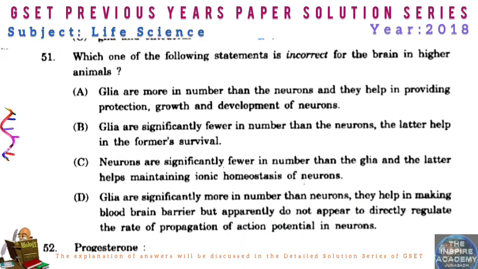Question number 51. Which one of the following statements is incorrect for the brain in higher animals? The correct option is B. Glia are significantly fewer in number than the neurons. The latter help in the former's survival. That means neurons help in the survival of glia.